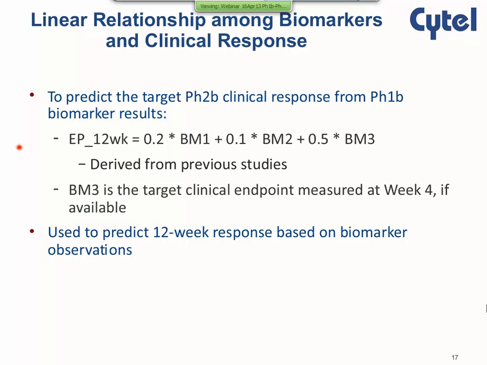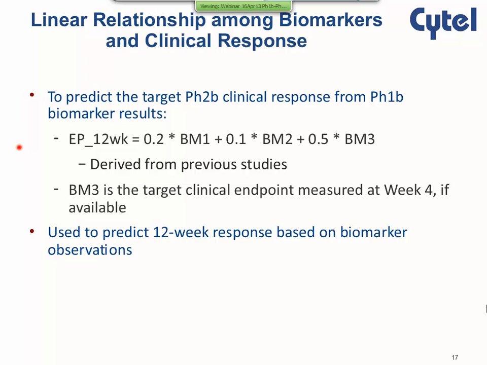But when we simulate the phase 2B data, then the biomarker information goes away, and we get the phase 2B results with the clinical endpoint. So the biomarker information is used to pick the doses for phase 2B via the relationship.